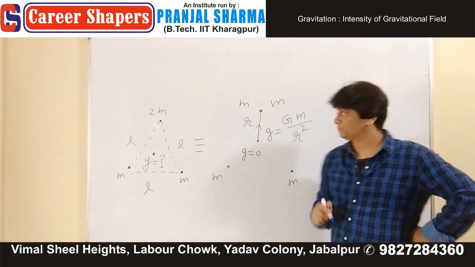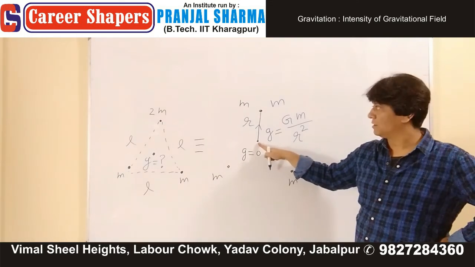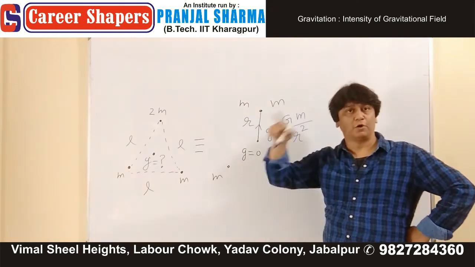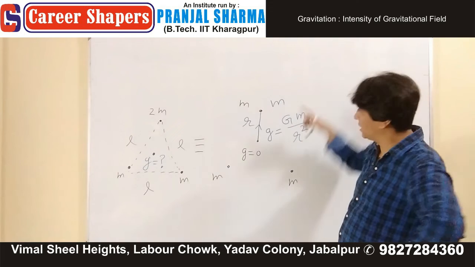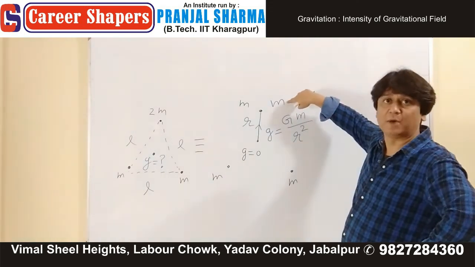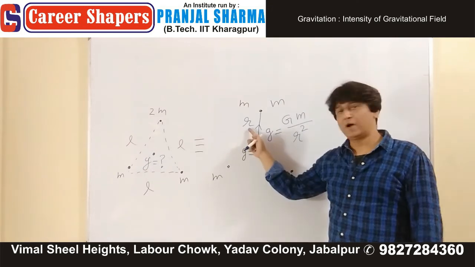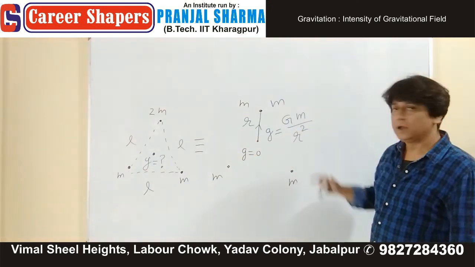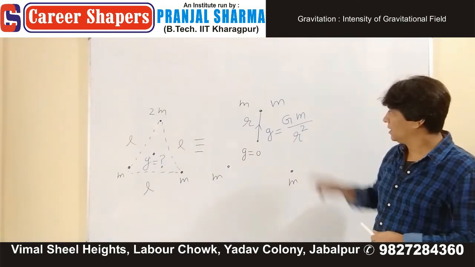So gravitational intensity of the centroid due to m is 0. तो किसकी ग्रेविटेशनल इंटेंसिटी बची हुई है of this additional mass m? This m is a point mass at a distance of r. What is gravitational intensity? Gm by r square. And the answer which I got, and I told you that they are partially correct.